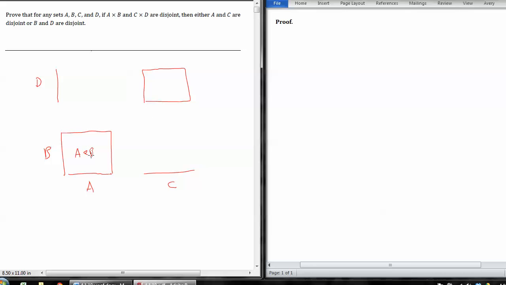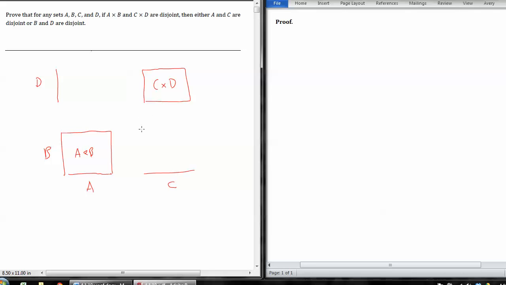We label those A times B, C times D, and in this case actually A and C are disjoint and B and D are disjoint, right? There's no overlap between the x coordinates, if you like, or the y coordinates of points in these two rectangles.